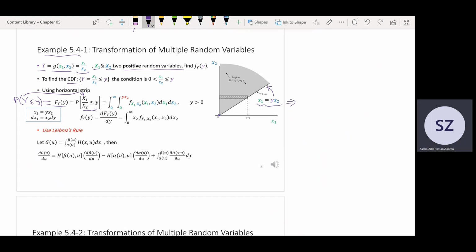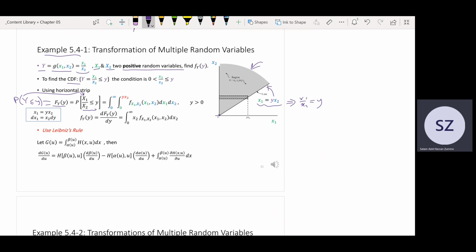We want x1 divided by x2 less than y, so we want to integrate to the left of this line. So basically, this is our region of integration: everything to the left of this line.